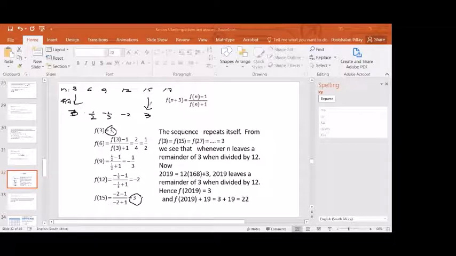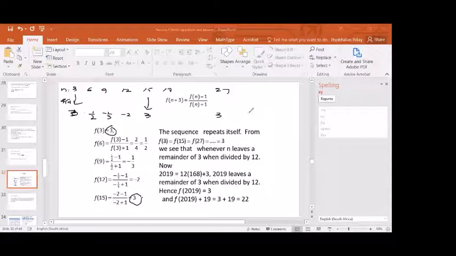The next time it's 3 is at 27. That's 12 away from 3. They are the same. So 12 away from 15, they should be the same. So f of 27 is also 3. So if you keep adding 12, 3 plus 12, and then you add another 12, 3 plus 24.